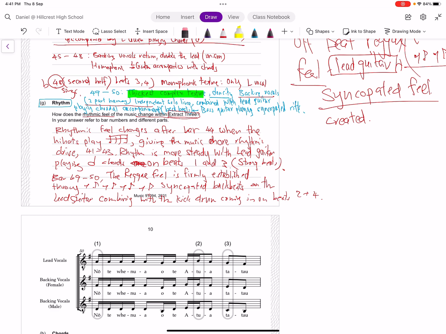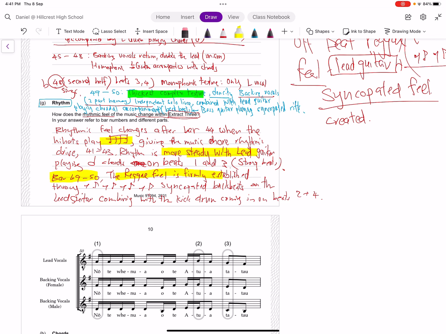So I guess the key words here, the changes, it actually goes from something quite steady to something quite rhythmic or driving. And then that one is the kicker. Sorry, no pun intended there.